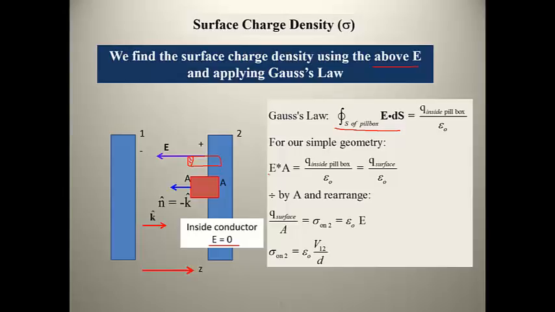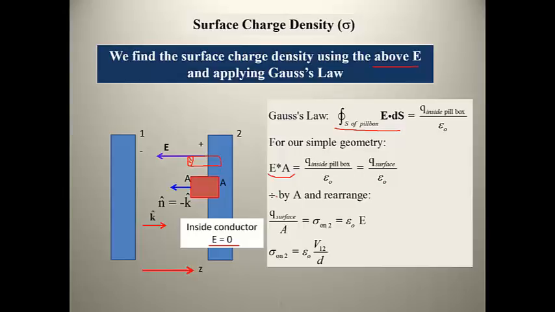So given that, we have E times A as the integral of E dot dS, because the field is uniform over that surface. So it just becomes E times A. Q inside the pillbox over epsilon 0 is the surface charge contained inside, so that would be this surface charge here divided by epsilon 0.